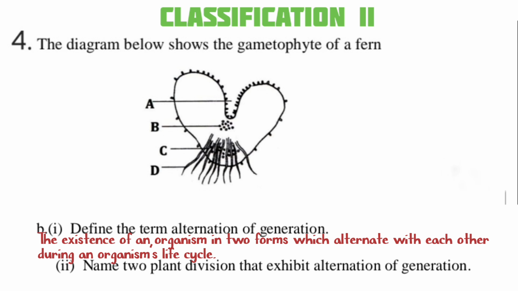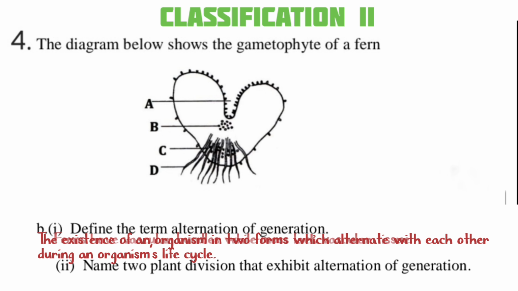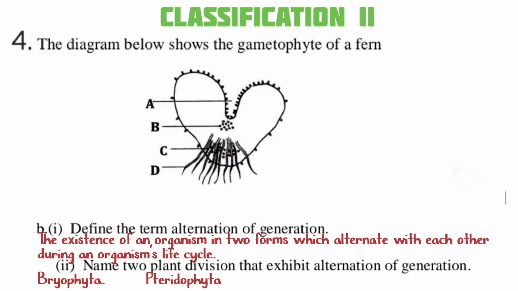This is the gametophyte. And you're going to have the sporophyte that produces spores. Next question. Name two plant divisions that exhibit alternation of generations. So, all plants show this. So, we can say Bryophyta, Pteridophyta, or Angiospermophyta. All are correct.